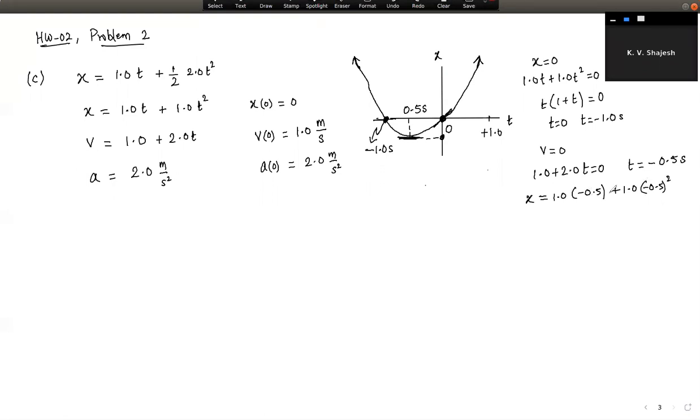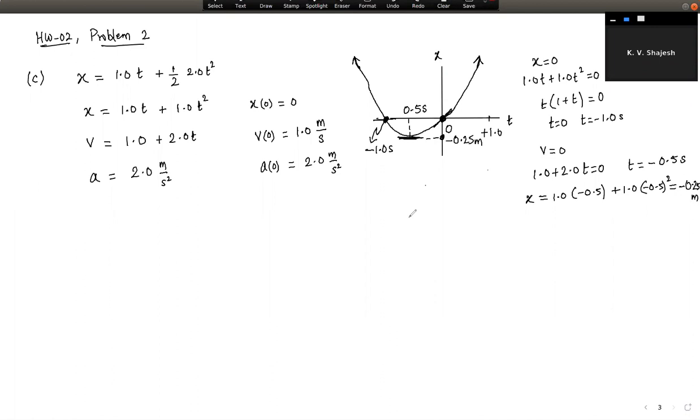The first term is minus half, and the second term is plus 1 by 4. Minus half plus 1 by 4 is minus 1 by 4, which is minus 0.25 meters. If we put in all the units, that's minus 0.25 meters. That describes all the characteristics of the curve.